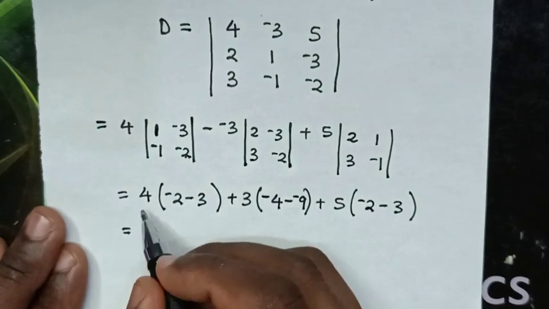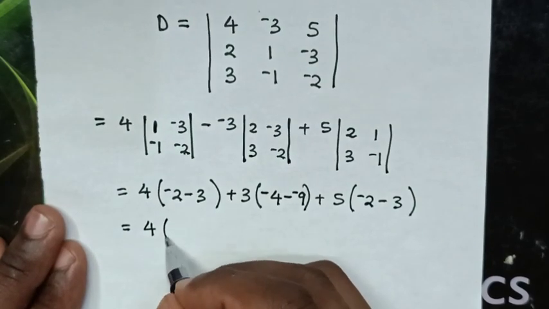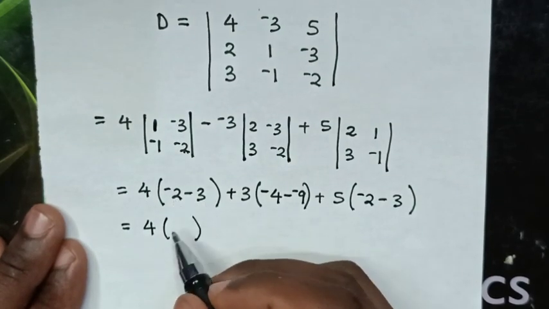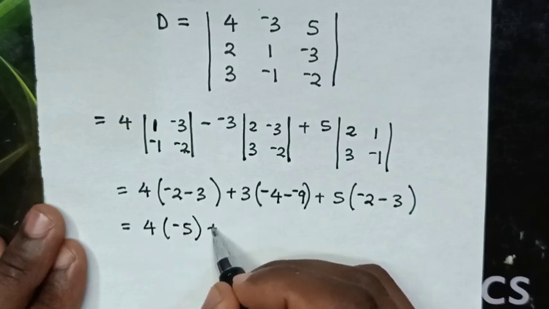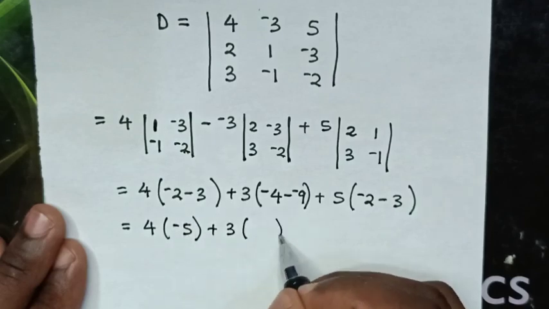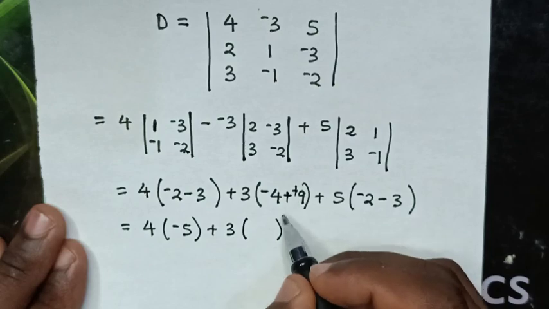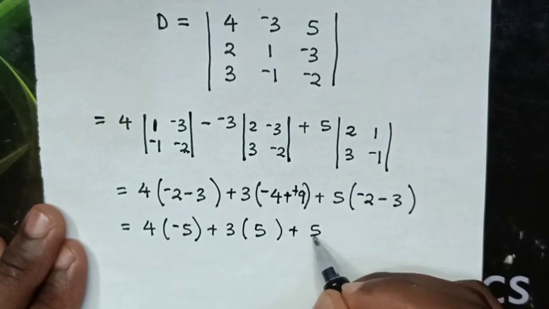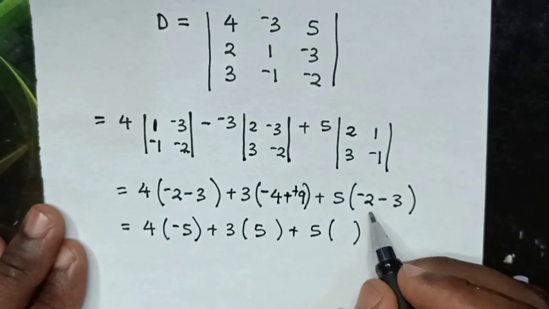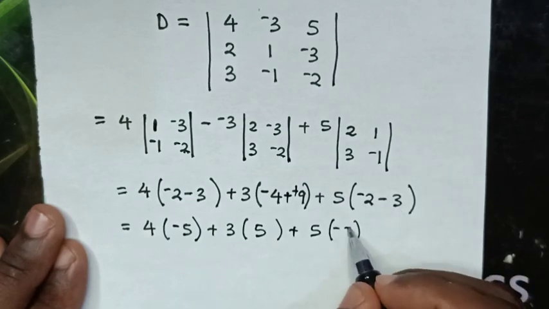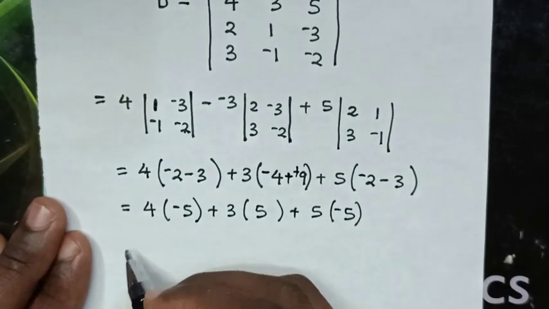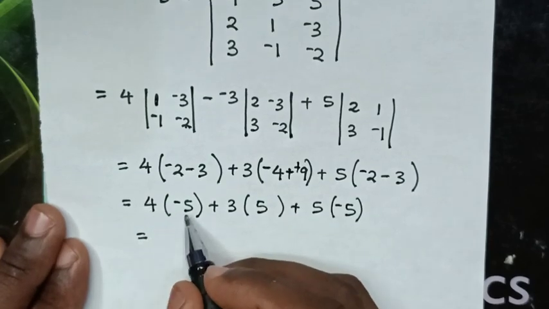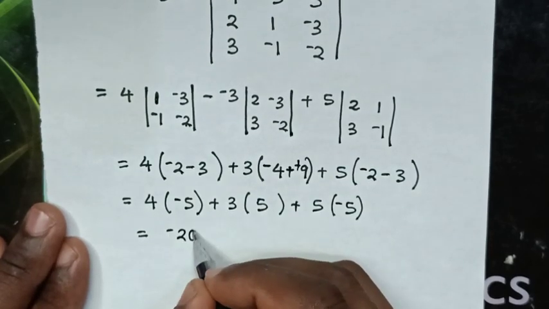Then it will be equal to 4, then bracket negative 2, negative 3 is negative 5, then plus 3, bracket, in here it will be positive, negative 4 plus 9 is 5, then plus 5, then bracket, negative 2, negative 3 is negative 5. Then it will be equal to 4 times negative 5 is negative 20.